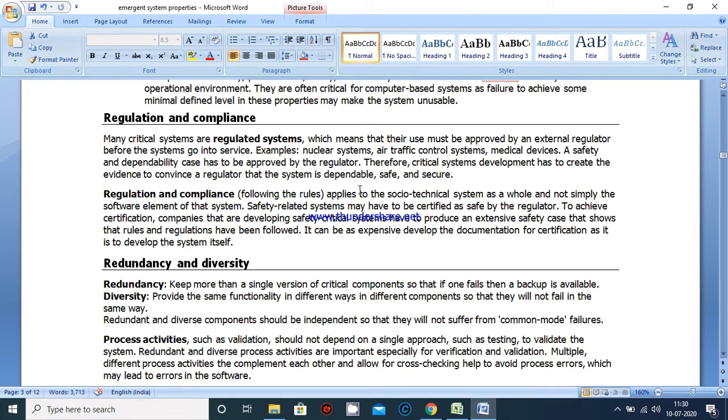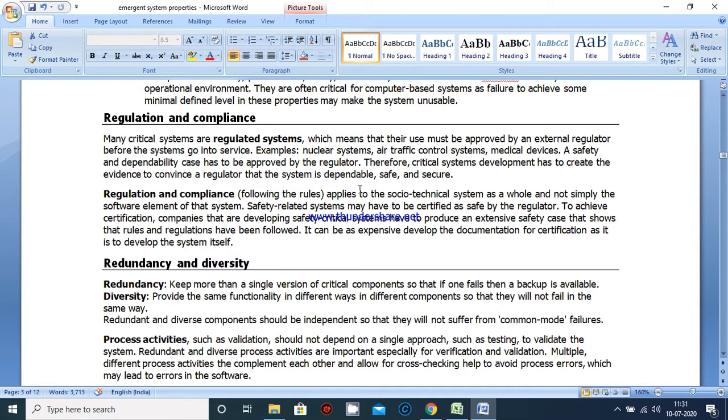Now the following rules apply to the socio-technical systems, the system as a whole, and not simply the software element of that system. Safety related systems may have to be certified as safe by the regulator.